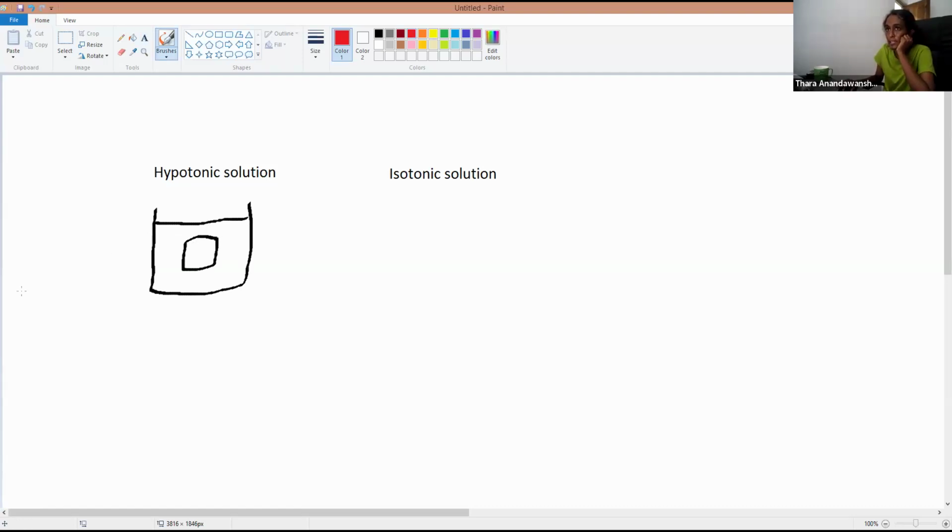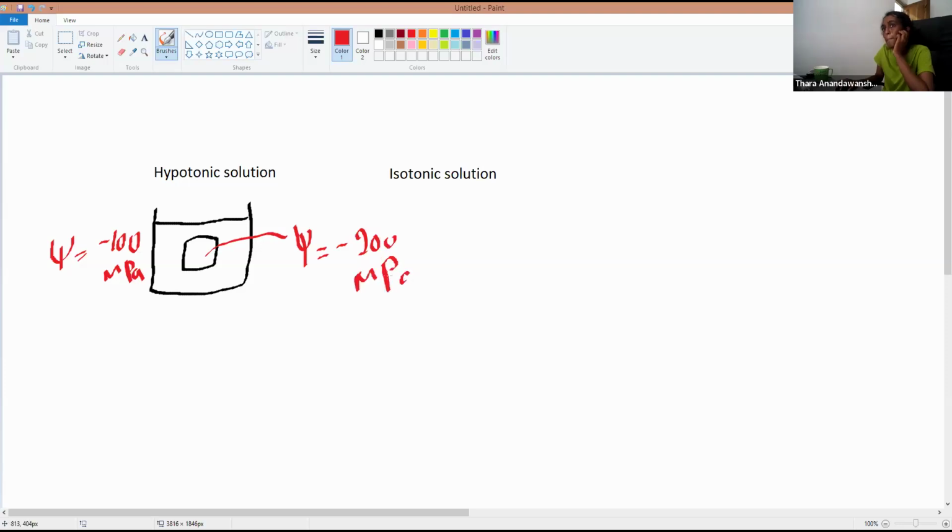Let's say the psi value of the solution is minus 100 megapascals, and the cell psi value is minus 200 megapascals.